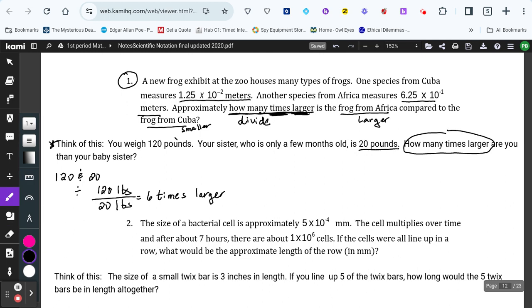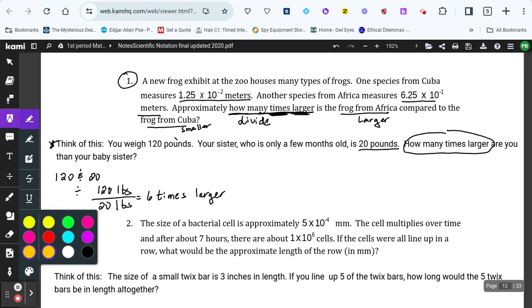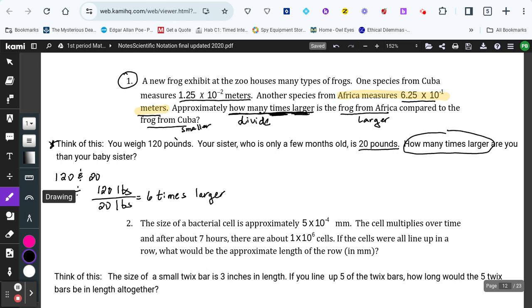The frog from Africa was larger, so the one from Africa is that many meters. Make sure you put that one on the top, okay? So it will look like this. And you can tell because -1 is larger than -2, okay?